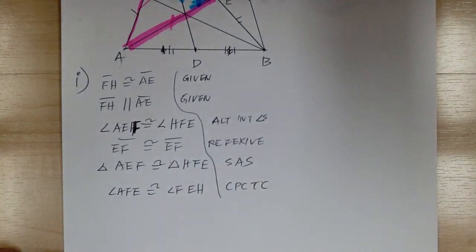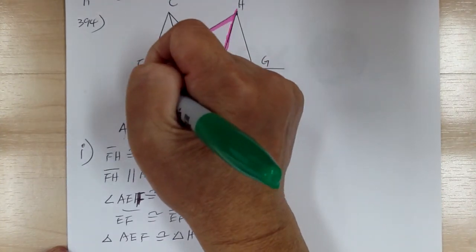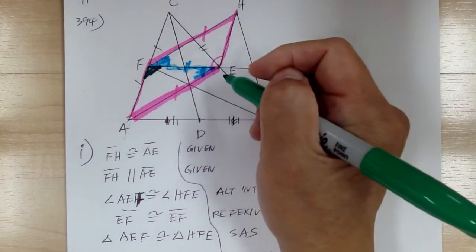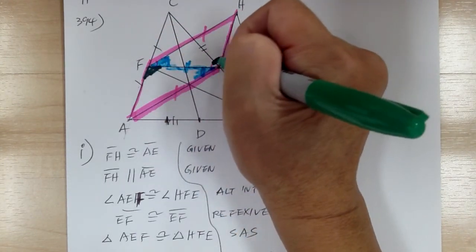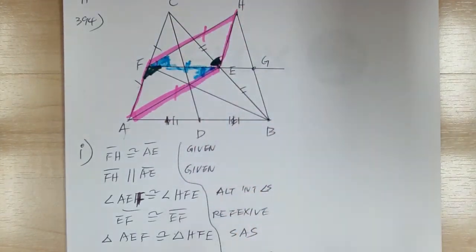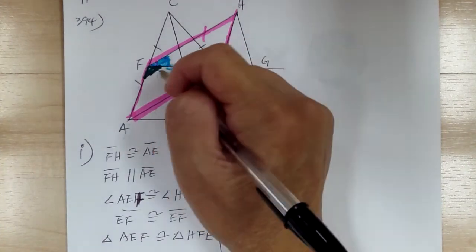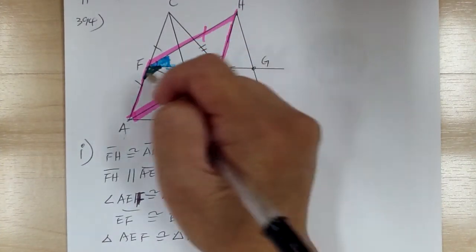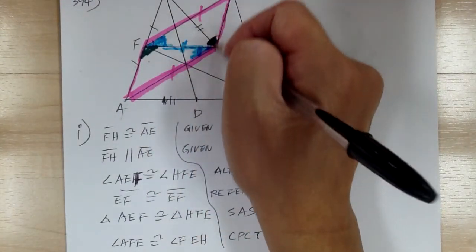Okay, so we have angle AFE, so this angle right over here, to FEH, this one over here. And once we have these two angles congruent, then these two angles are alternate angles of these two over here.